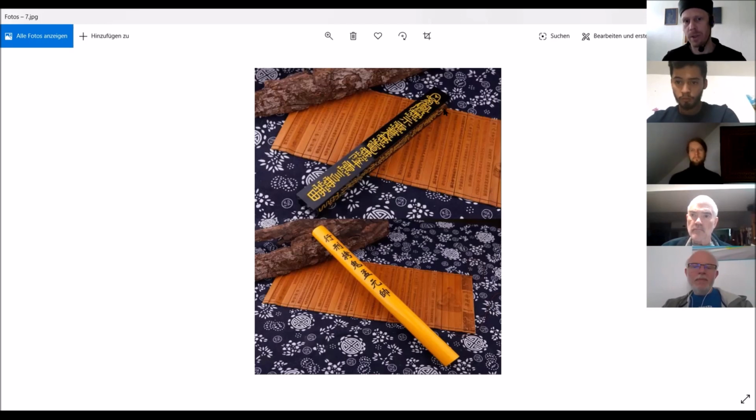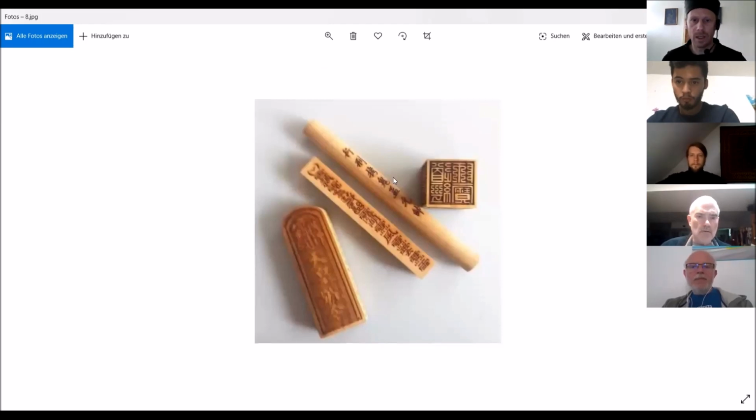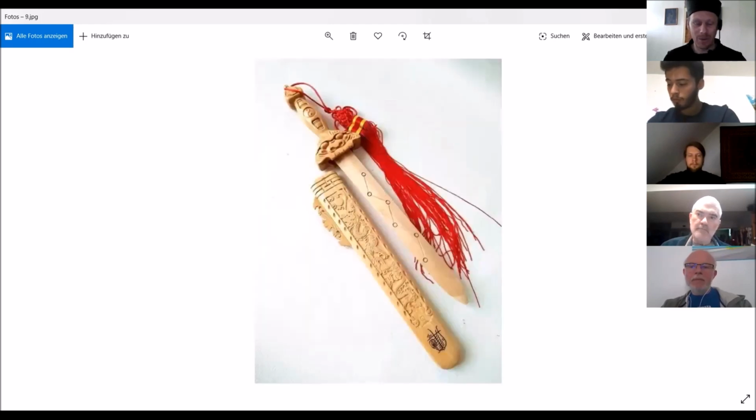They have a lot of symbols on here, and here you can see also a set with the Fayin and also the Lingpar. We come to that in a moment. I need to go quickly, otherwise we don't have enough time. Here we have the Fajian or the Qixingjian.